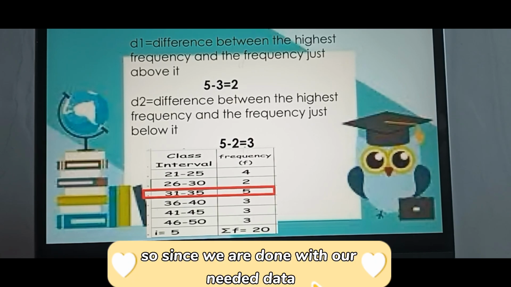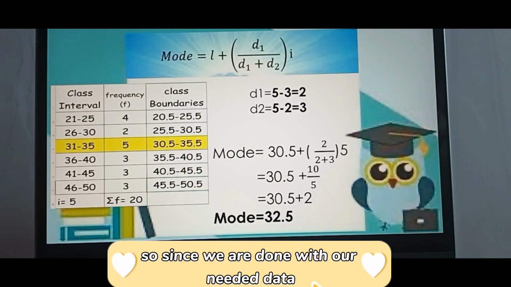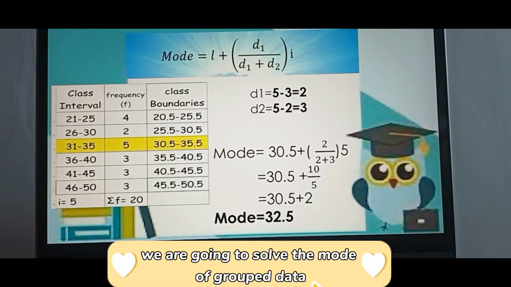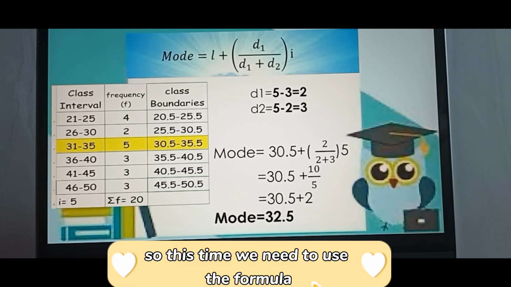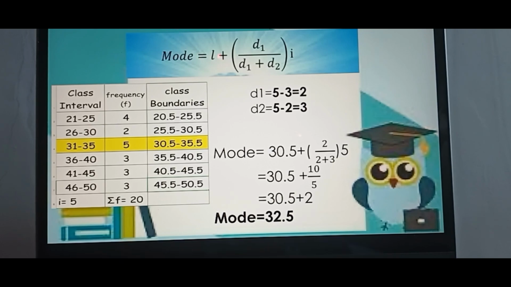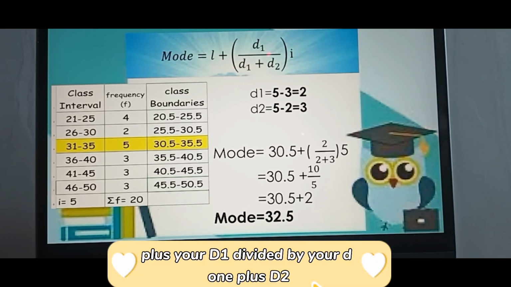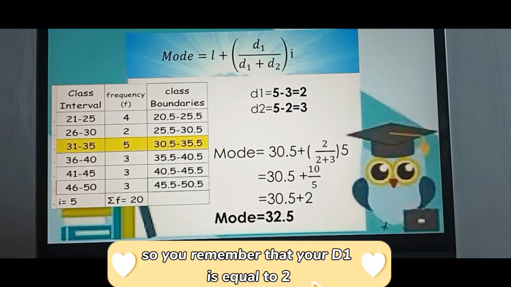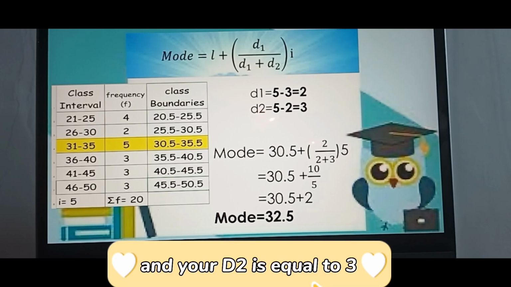Since we are done with our needed data, we're going to solve the mode of group data. This time we need to use the formula. Your mode is equal to your lower limit of the modal class plus D1 divided by D1 plus D2, multiplied by your class size. Remember that D1 is equal to 2 and D2 is equal to 3.